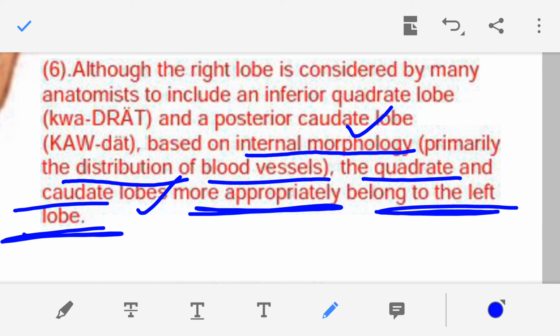So these two lobes, quadrate and caudate, should be considered a part of the left lobe morphologically, but the anatomists believe that these two lobes are part of the right lobe.